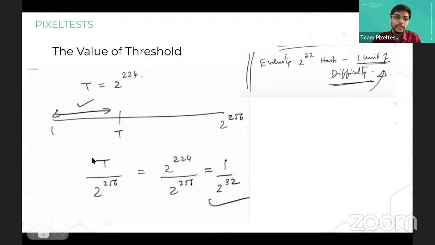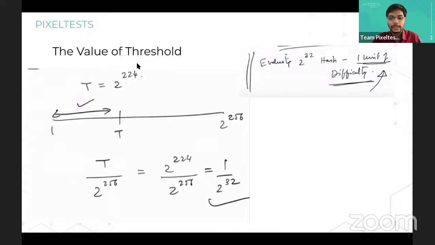So if the threshold is 2 to the power of 224, the total number of attempts that needs to be made is 2 power 32 attempts, right? If one attempt is made and he was not able to get out of that 410 crore possibilities, he can go ahead and do 2 power 32 attempts and continue doing that. So the value of the threshold for that reason has been set to 2 power 224.